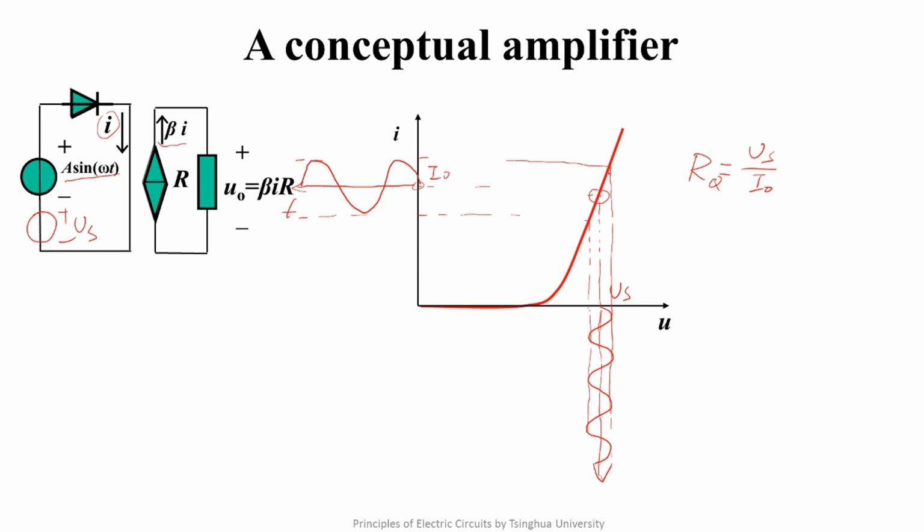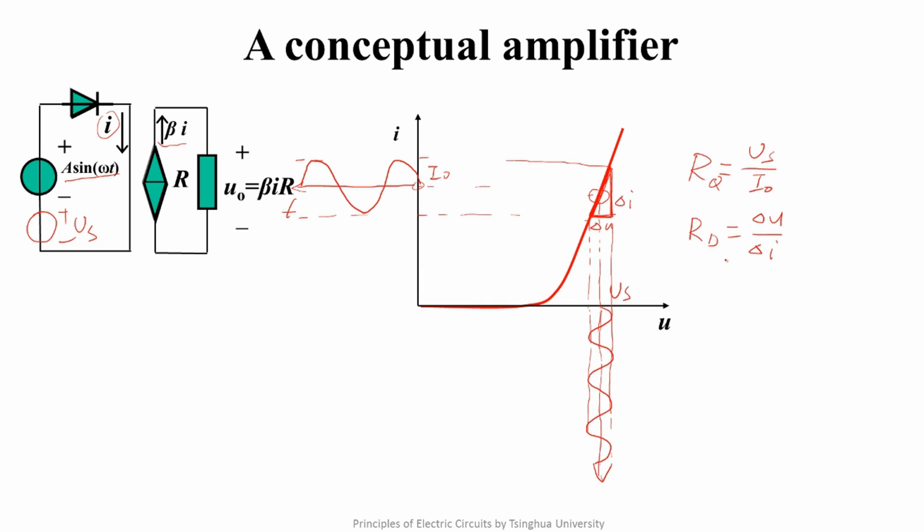As we said just now, if we need the resistor to work in a small area around the working point, you can find that the linear variation of U can produce the approximate linear change of I. So in this place, there is a relationship between small delta U and delta I. We can define its slope as the reciprocal of the resistance RD at this point. RD means the dynamic resistance. RD equals delta U over delta I.